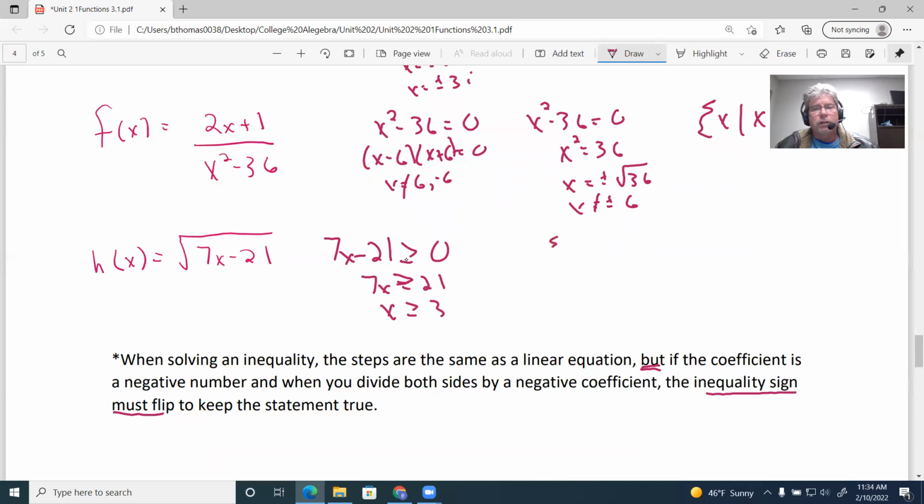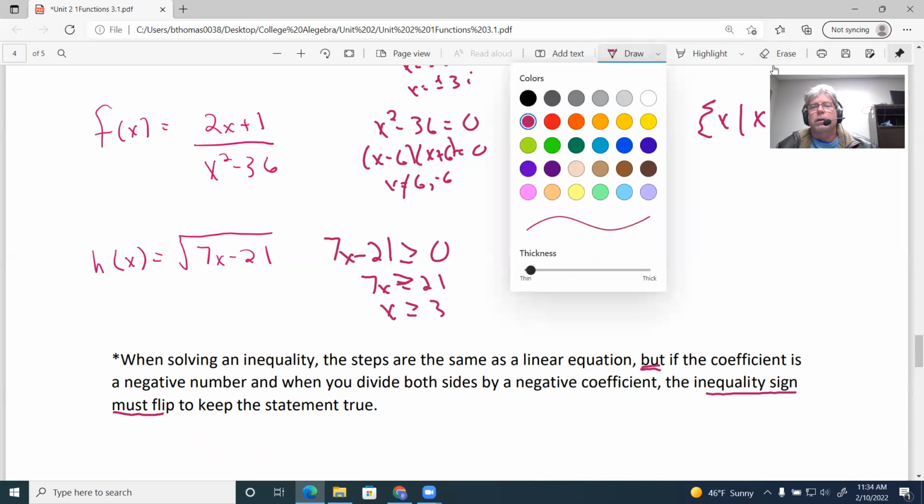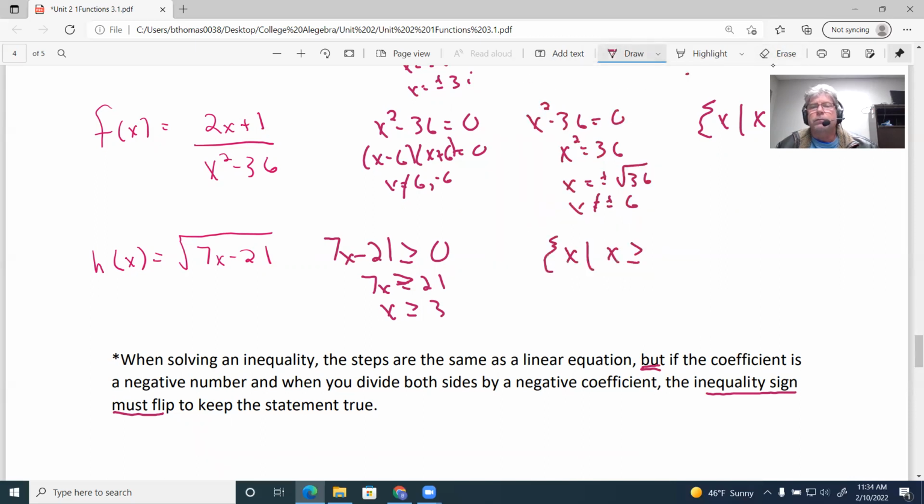So if I'm using set builder notation, our domain is going to be the set of x's such that x is greater than or equal to 3. And then I put my little brace.